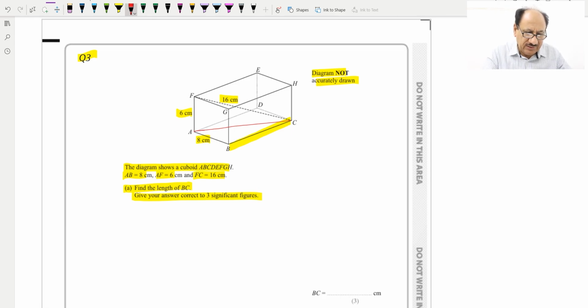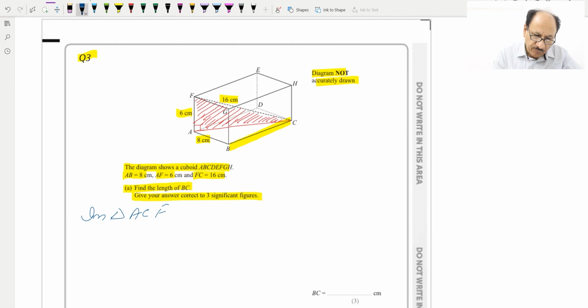So AC, now we can consider this will be the 90-degree angle, and which triangle are we considering? We are considering this triangle, which is a right angle triangle. So we can apply Pythagoras theorem. Our target is to find AC. So we will write in triangle ACF.